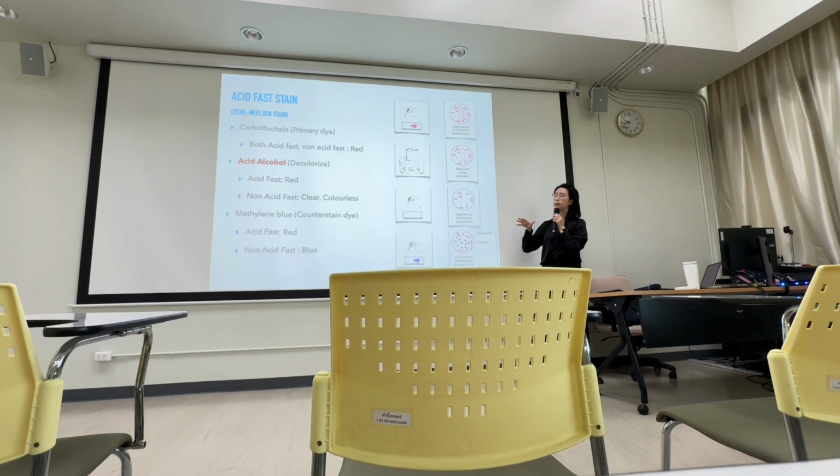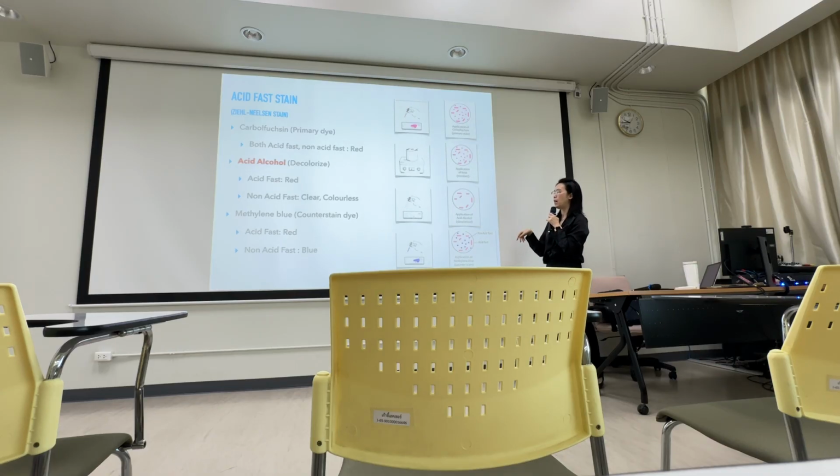But in this case we use acid alcohol to decolorize, because the acid will remove the excess color that adheres to the surface of the cell wall. In this step, once we use the acid to remove all the excess color, the acid-fast bacteria will still show in red because they have a very thick mycolic acid layer. But for the non-acid-fast, the color will be removed.